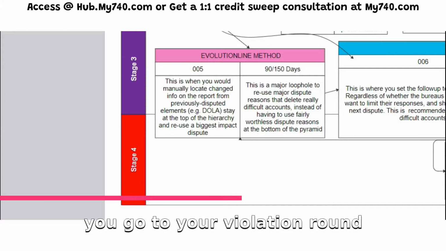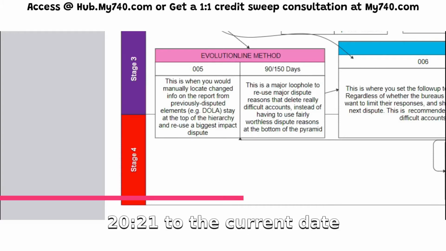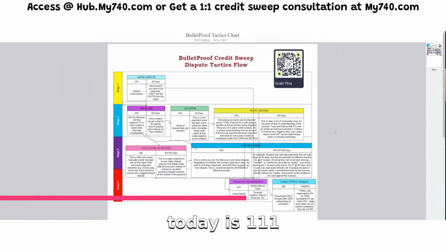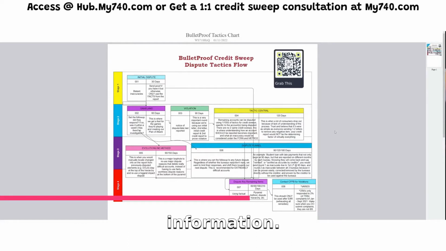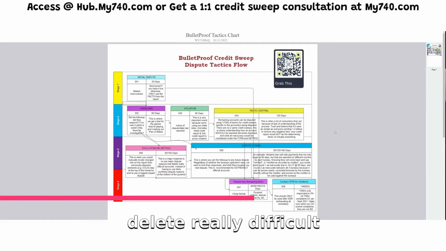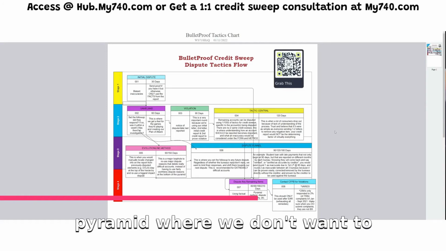Now you go to your violation round and you notice, hey, wait a second, they changed 1/1/2021 to the current date, which, today, is 1/11/2022. Okay, so obviously they changed it, and now you can re-dispute because of the changed information. So you wouldn't be disputing all 3 bureaus. You're only disputing the bureau who has changed the information. And this is a major loophole to reuse major dispute reasons that delete really difficult accounts instead of having to use fairly worthless dispute reasons at the bottom of the pyramid where we don't want to be.